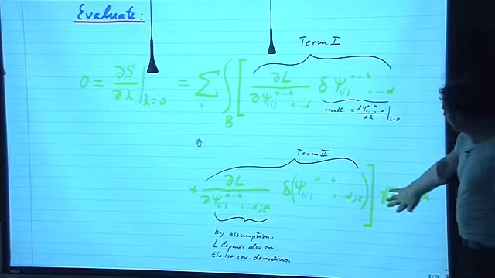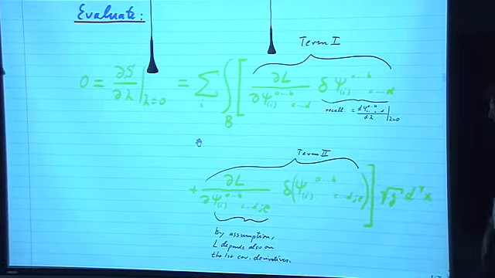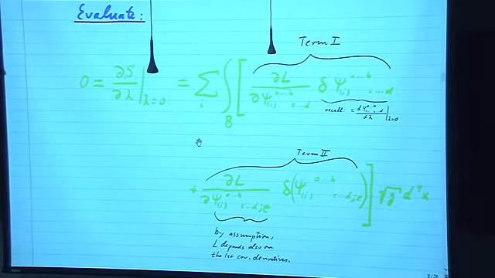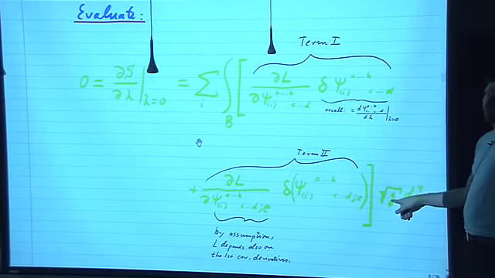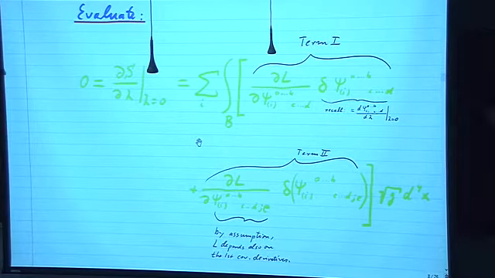And we just carry this forward here, the square root of g from the volume form. The metric does not depend on lambda, so we don't have to differentiate it. Now let's consider those two terms separately.